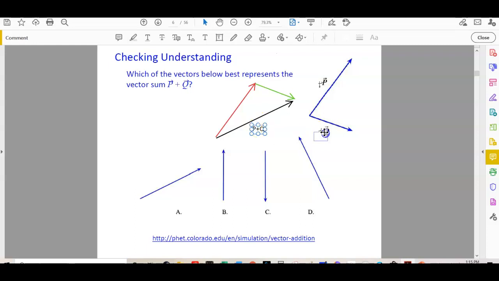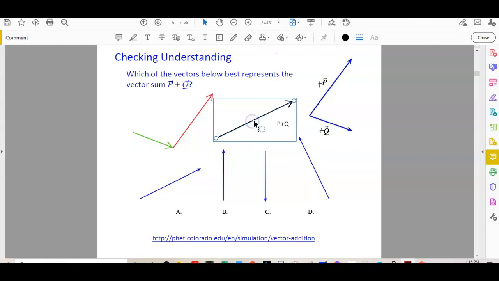Well, some of you might not have done P plus Q. Some of you probably did something like Q plus P, which means you took the head of Q, green is Q, and you added it to the tail of P. Well, if you do that, you started here, walked down and to the right, then you walked up and to the right.